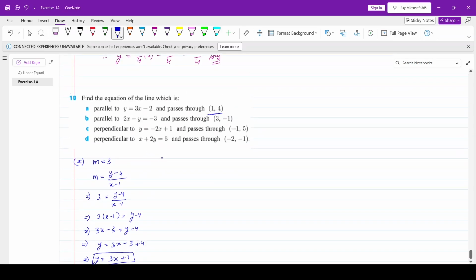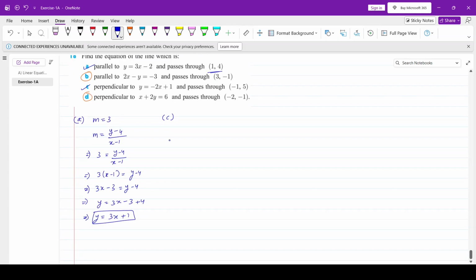Now coming to part C, I did this, I'm doing this. These two questions you can practice on your own, part B will be the same as part A, part D will be the same as part C. So perpendicular to y is equal to minus 2x.